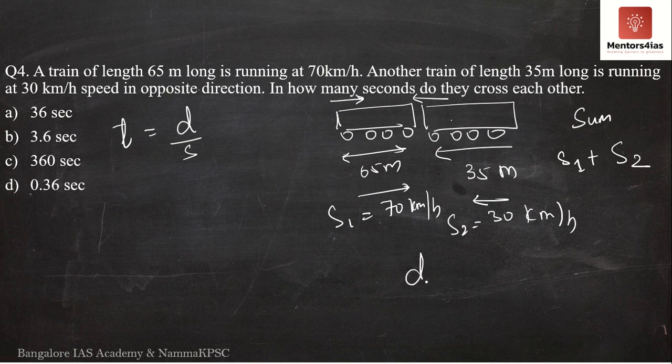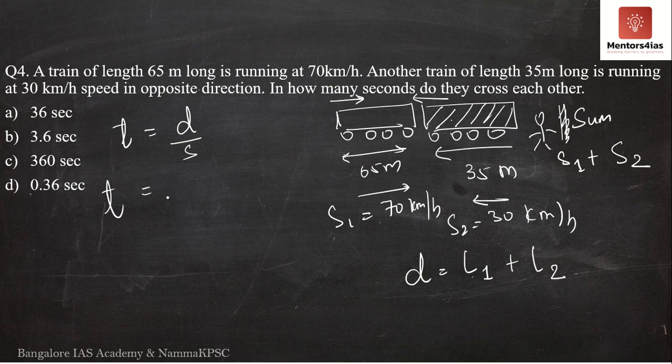Here we cannot neglect the length of the second train. Earlier, if it was a man or a pole, we used to neglect its length. But here we cannot neglect the length because it is also considerably long. Therefore, the total distance will have to be length of the first train plus length of the second train.